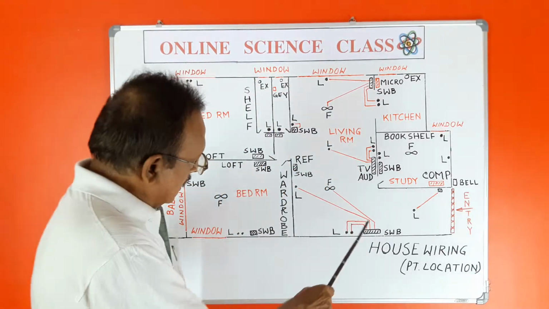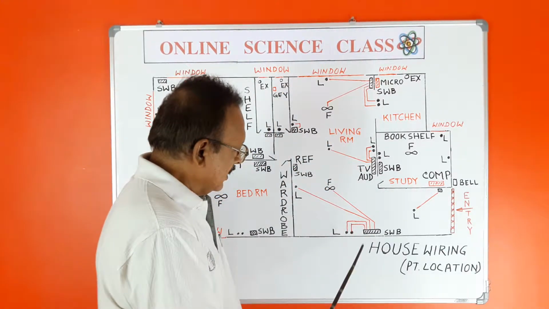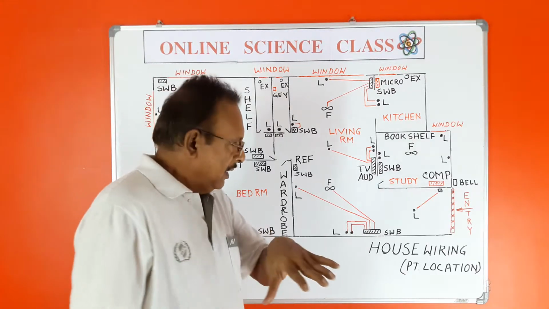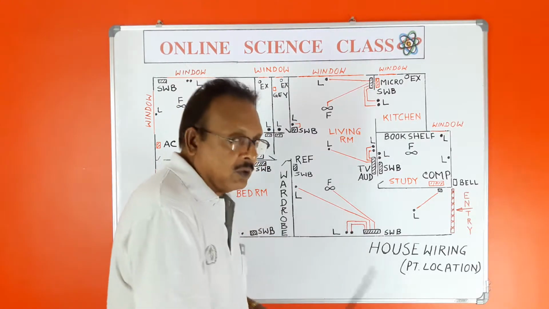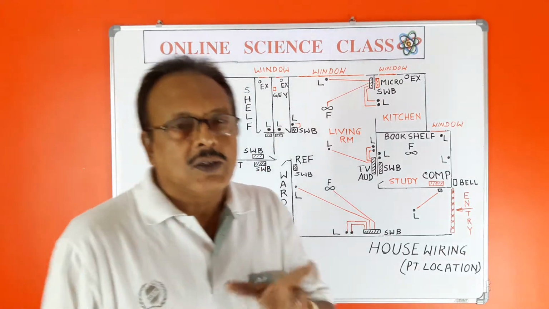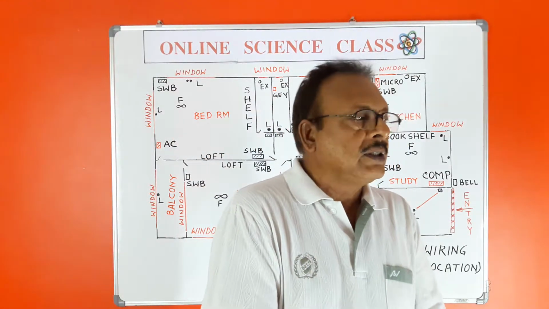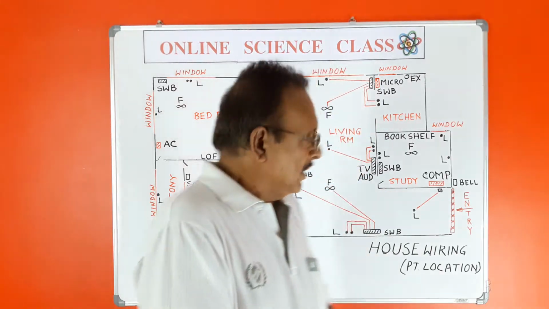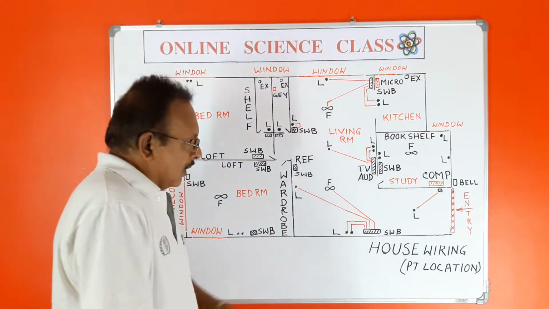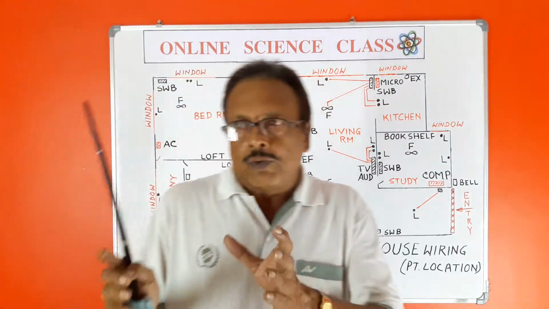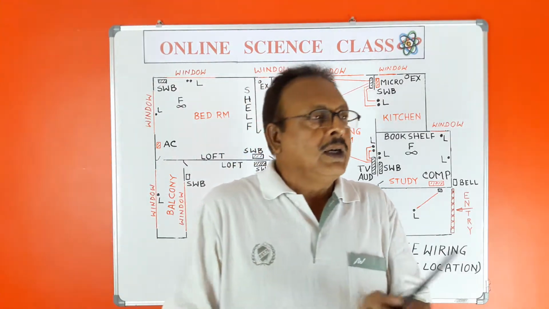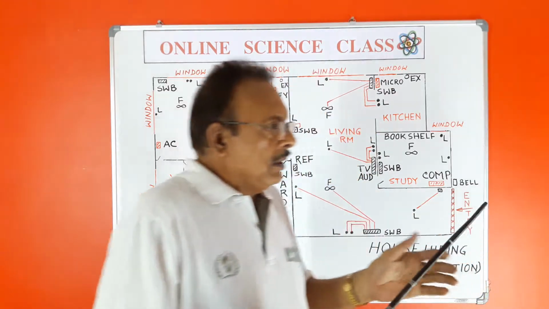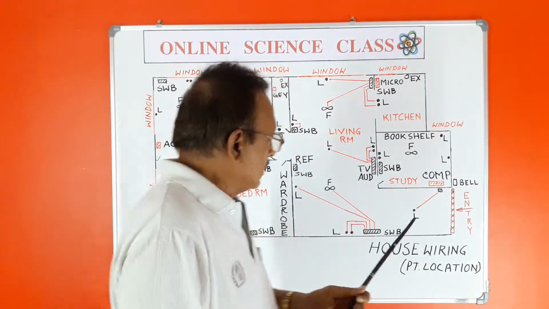So by seeing this, the electrician will have a clear idea that he needs a board which should have 1, 2, 3, 4 switches and 1 or 2 plug sockets, etc. So accordingly, we will fix the box inside the wall for concealed wiring, everything. So there will be less chance of mistakes.